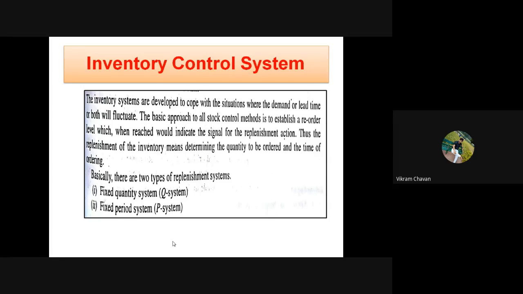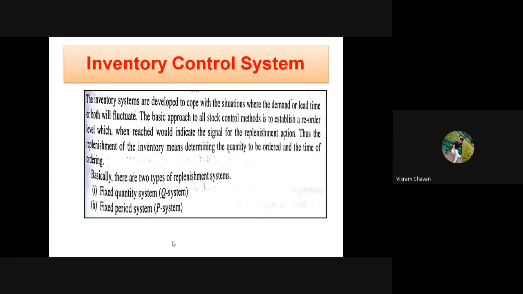The basic approach to all stock control methods is to establish a reorder level, which when reached would indicate the signal for the replenishment action. So it will provide the signal that you have to initiate the replenishment action.